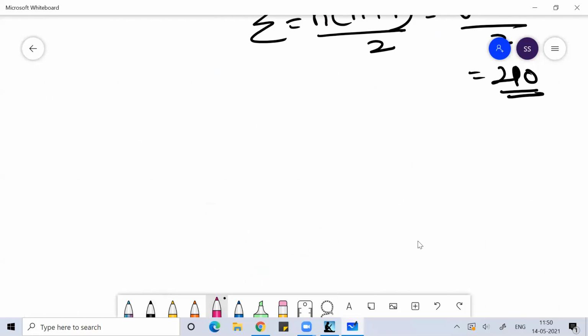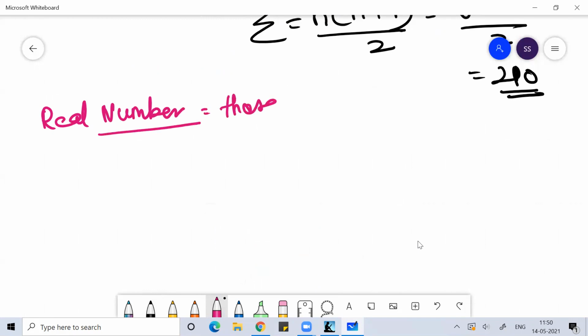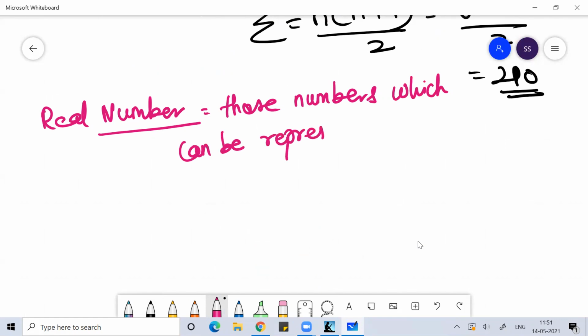What are real numbers? Real numbers are those numbers which can be represented on a number line. All the numbers which can be represented on a number line are real numbers.